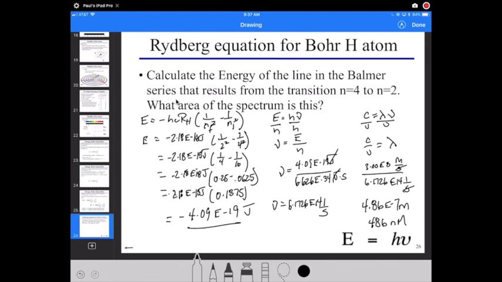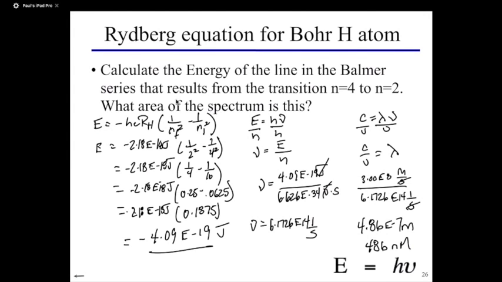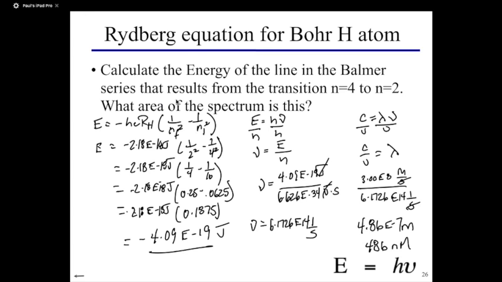But then I taught you how to relate energy to frequency. So we got a frequency. And then I had already taught you the speed of light is the frequency times the wavelength, so we can solve for the wavelength.